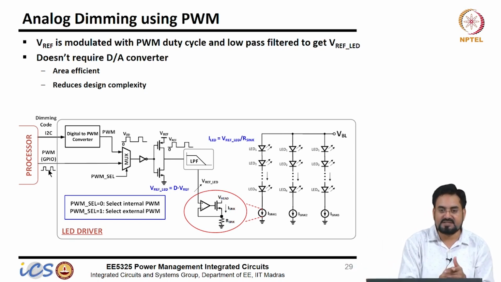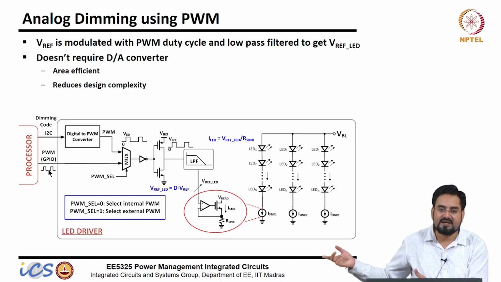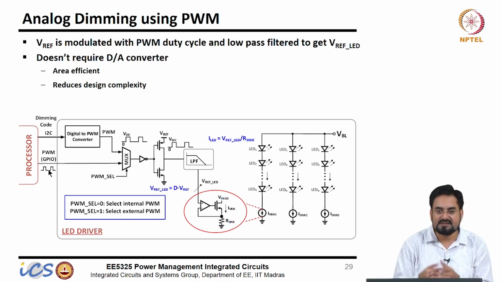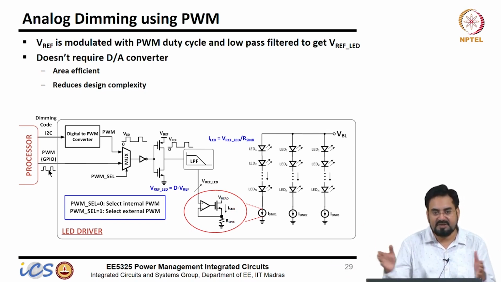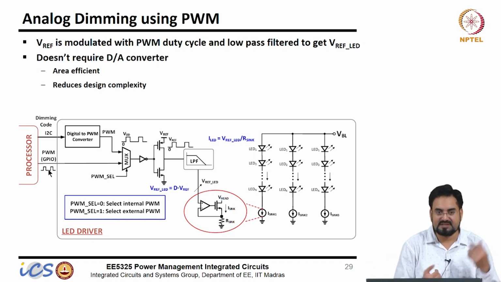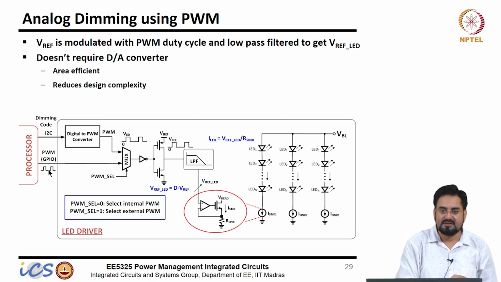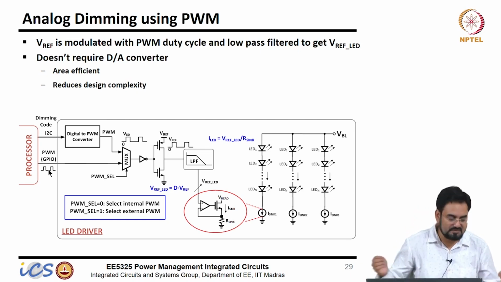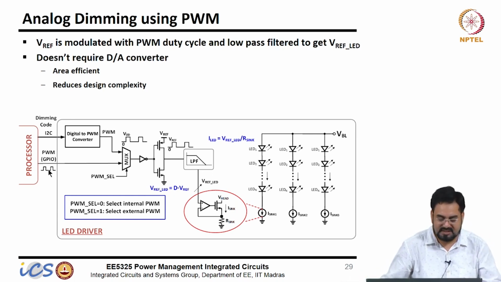Let's say 0 duty cycle means 0 brightness, 100% duty cycle, or 1, is full brightness. In between, any duty cycle will give you that level of brightness. So 50% duty cycle will give you 50% brightness. It's just proportional to your duty cycle. So what we can do is, this GPIO will have a different level, and I know my full scale voltage is Vref here. So I can level shift this duty cycle to Vref.